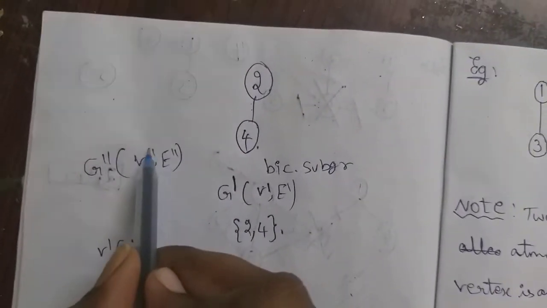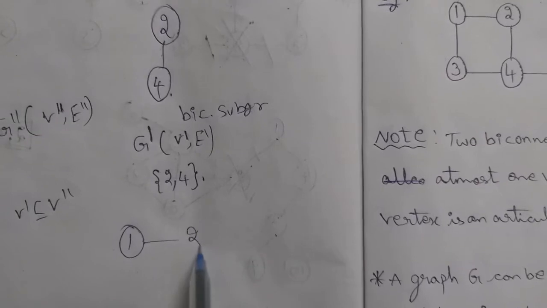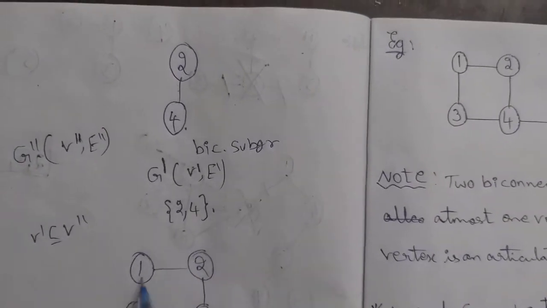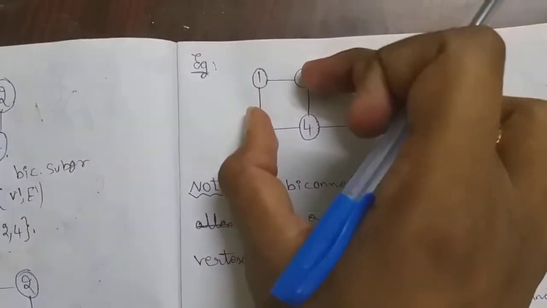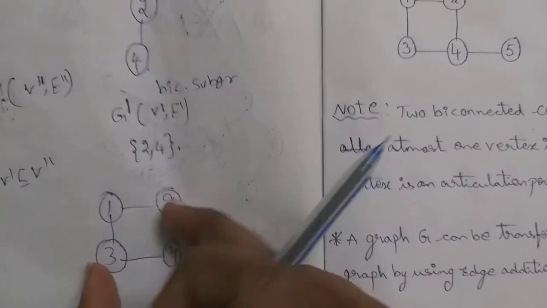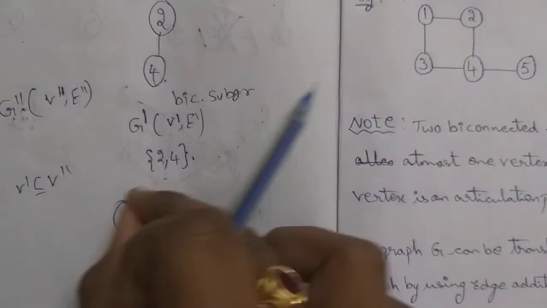Can I have any other vertex set V'' like that? Yes, I can obviously have. If I consider the vertex set 1, 2, 3 and 4, I have taken a subgraph from this graph. Is it a biconnected graph or not? Yes, there is no articulation point.